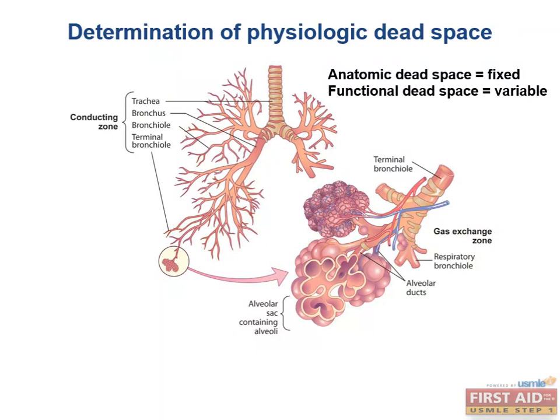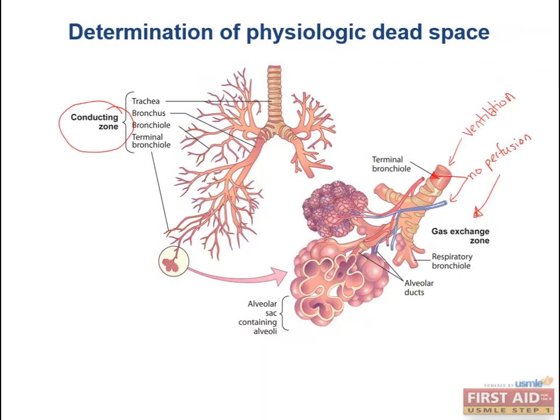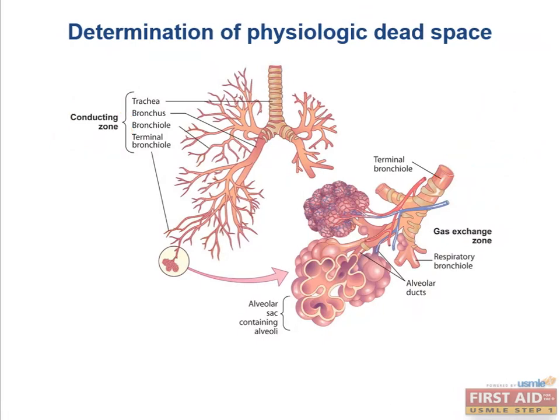That's where you have alveolar ventilation but no perfusion. The apex of the lung is an example of functional dead space, where air is inspired and filling the alveoli, but no blood is flowing through the capillaries to participate in gas exchange. And why does this happen? Because of gravity.